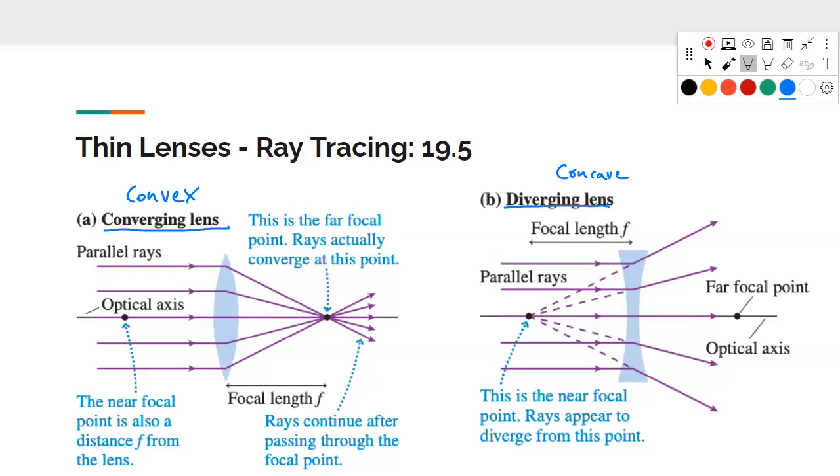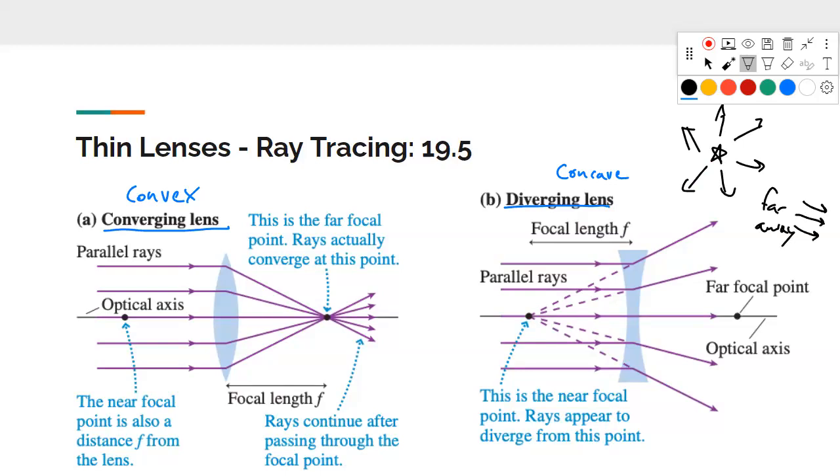But while I'm thinking about it, I should mention: how do you get parallel rays of light? Well, if we have something like a star, which is a point source of light, it's emitting rays of light in every direction. If you're really far away from that point source, then those rays appear to be almost perfectly parallel.